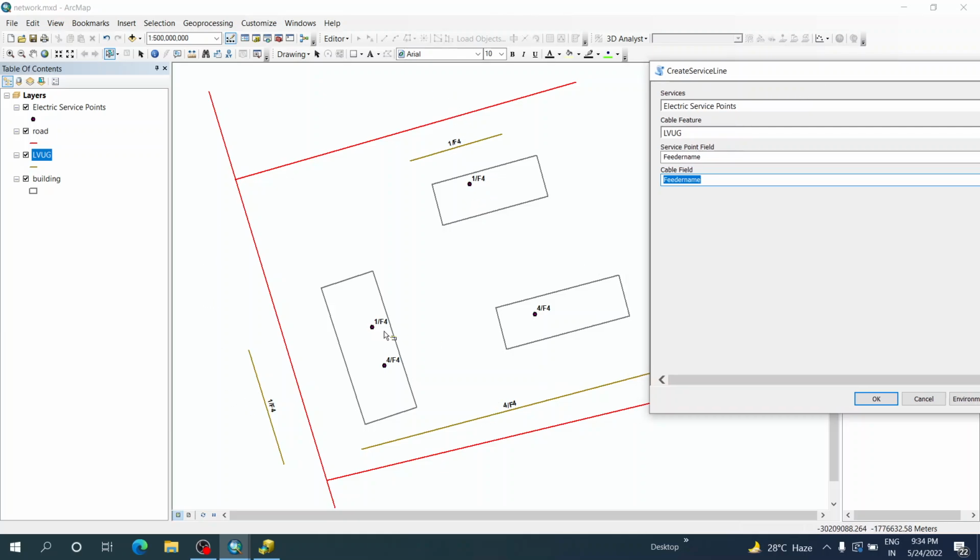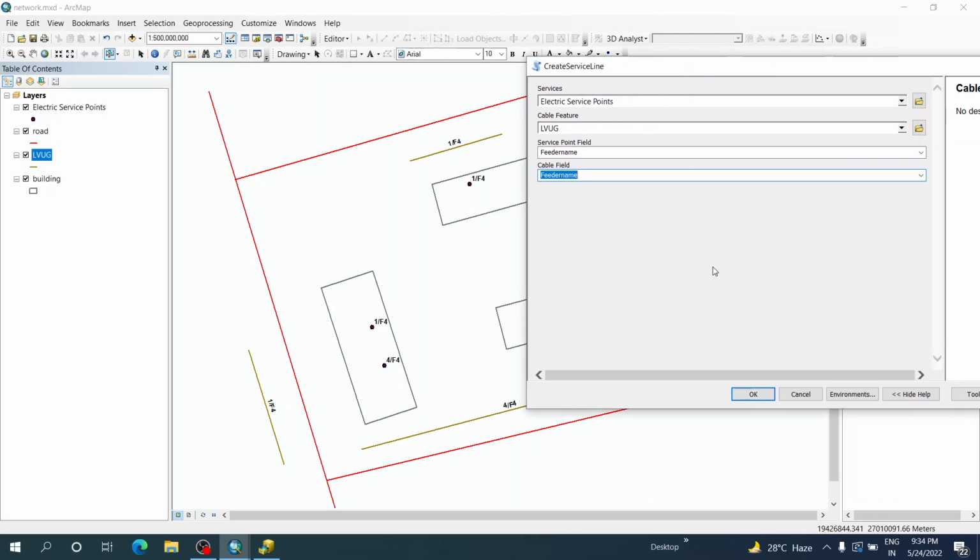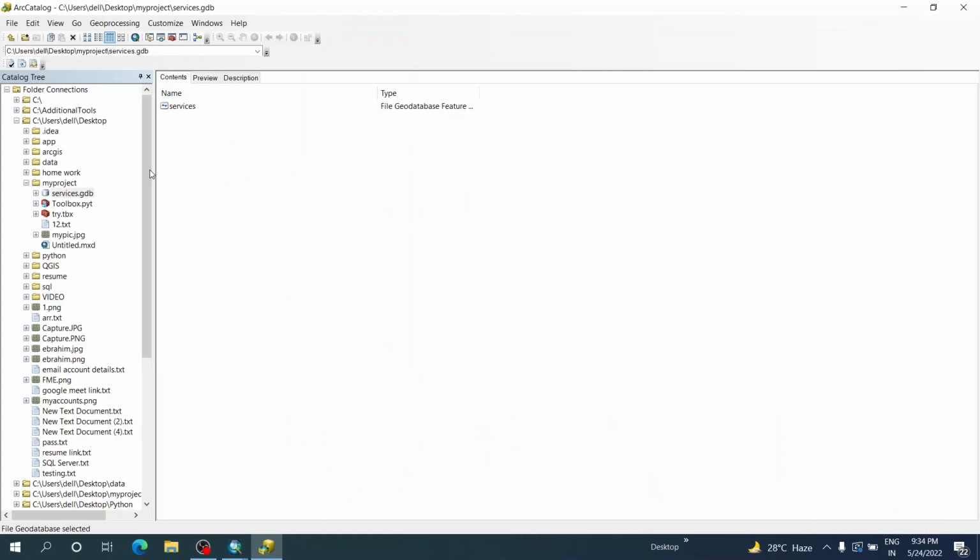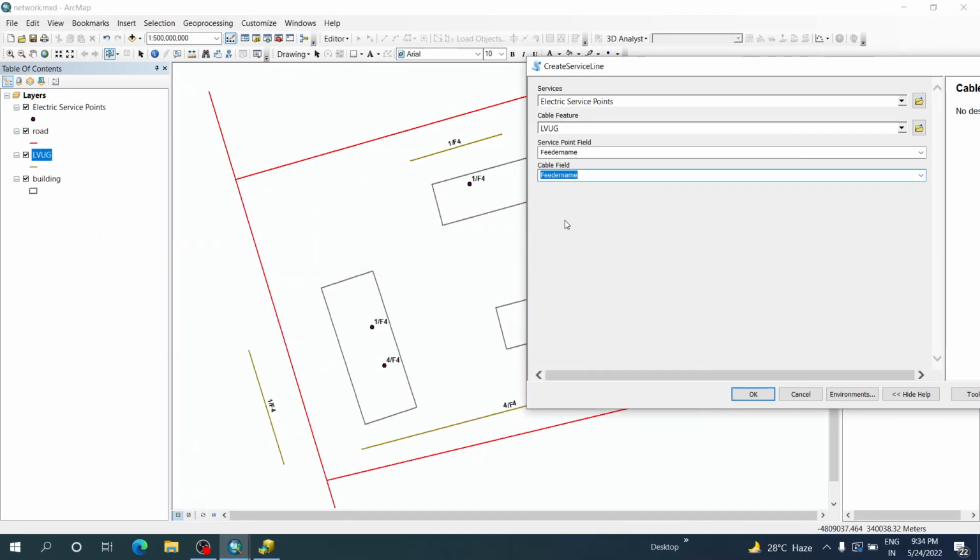These service points were captured by the survey. So I am saving the output here in services GDB. One service feature class is already there, so it will be saved here by some name that I named, my services or my services one.